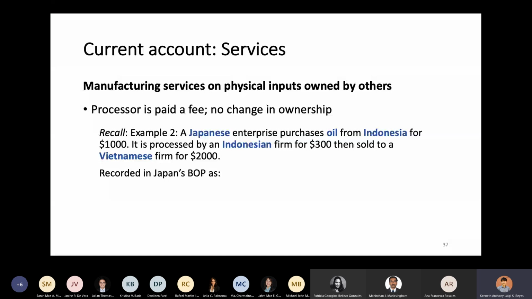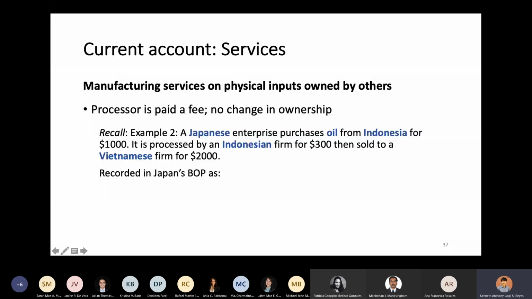So that Indonesian firm never owns that oil, but it is hired to process it, in which case that services transaction is recorded under this category, manufacturing services on physical inputs owned by others. In Japan's BOP, it will look like this. Under this category, it will have a debit of $300.